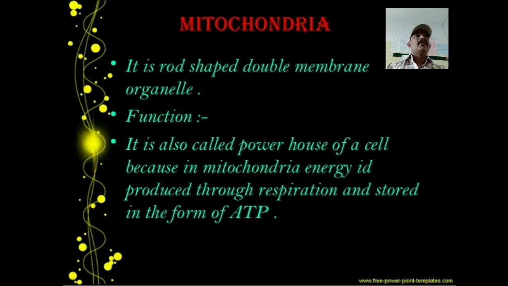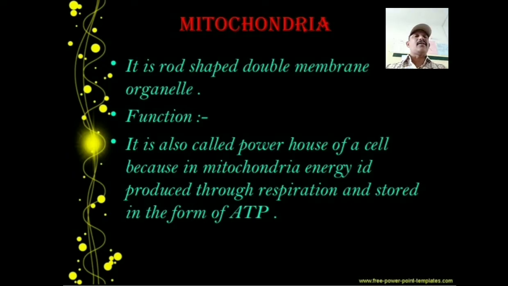The food is digested or broken down into glucose, then carbon dioxide and also energy. This energy is stored in the form of ATP. The long form of ATP is adenosine triphosphate.